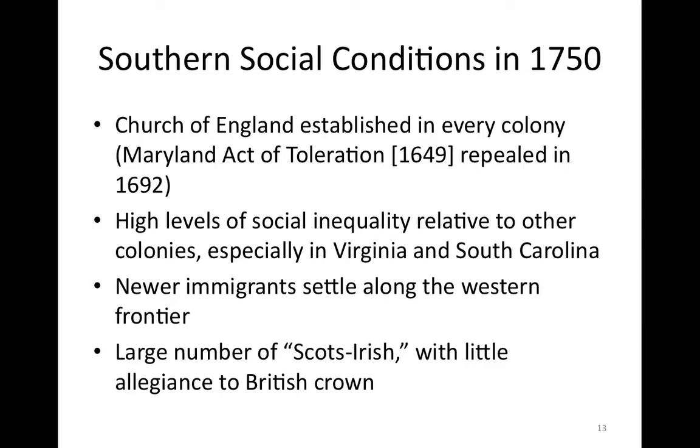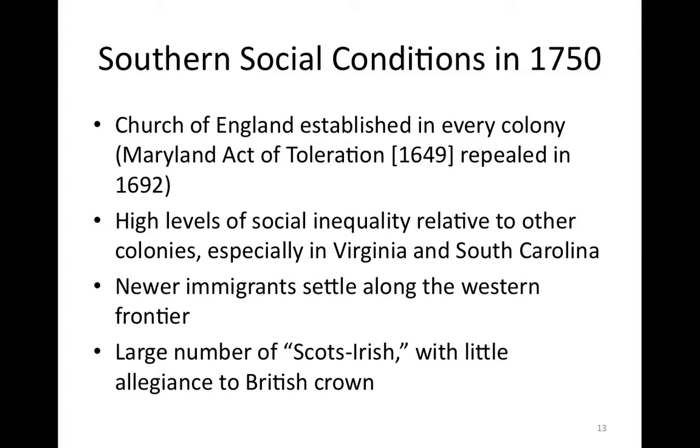These people had very little allegiance to the British crown, to British authorities. They were oppressed by the British authorities back home, and so it's important for later that these folks will be inclined to side against the British in the Revolutionary War.